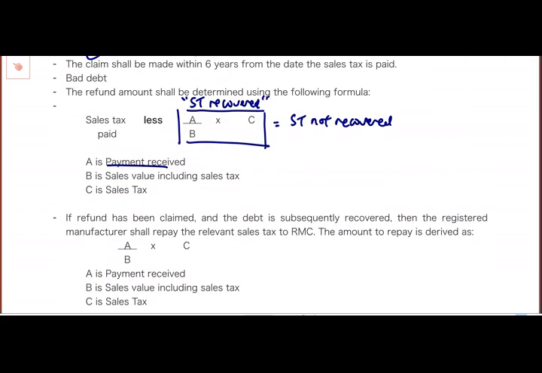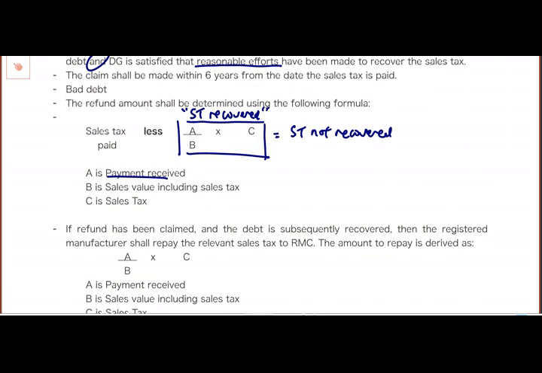Now, I have an example at the back. It's easier, you just look at an example. Just turn to page 349.